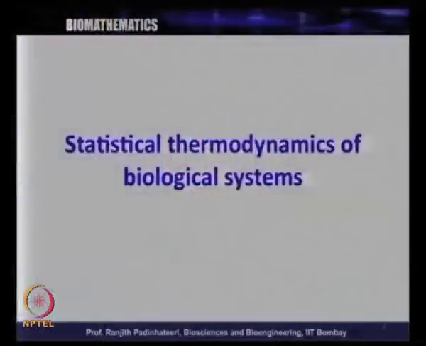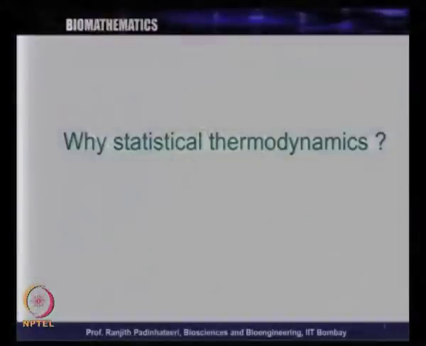So, today's title is statistical thermodynamics of biological systems, and the question is why statistical thermodynamics? Why should we learn this? First of all, you can see there is this term called statistical.